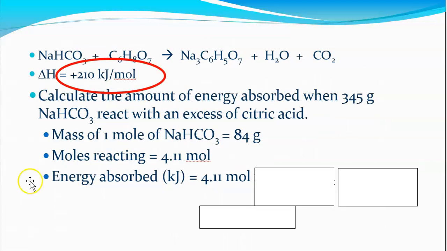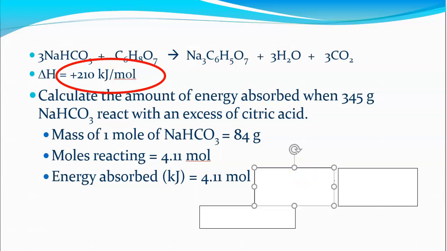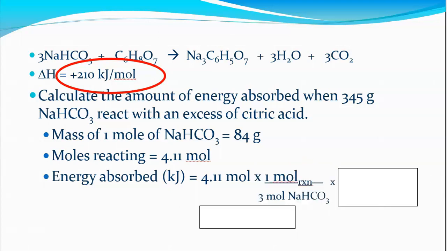So let's set this up. 4.11 moles of sodium hydrogen carbonate. Now, remembering my balanced chemical equation here was for 3 moles of sodium, because I have 3 sodiums on my sodium citrate over here. For every 1 time I go through this reaction the way it's written, for every 1 mole of reaction, I use 3 moles of sodium hydrogen carbonate.